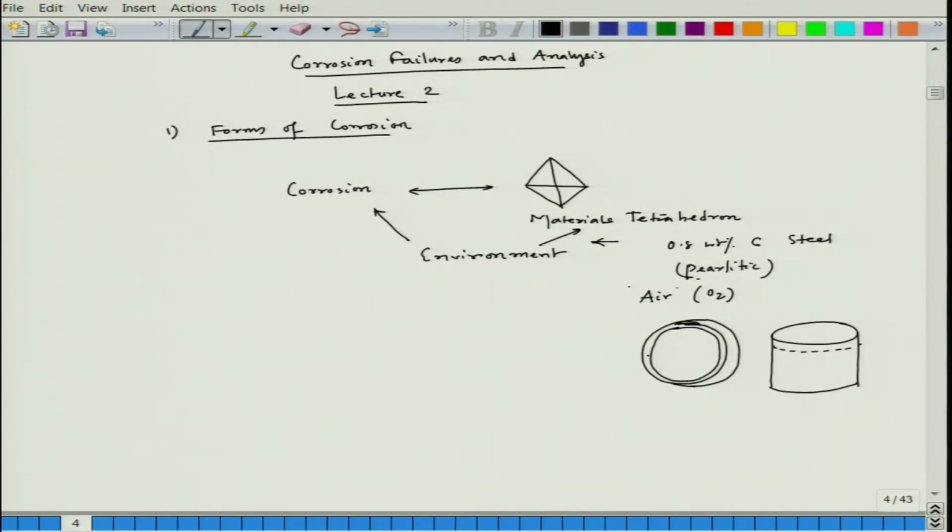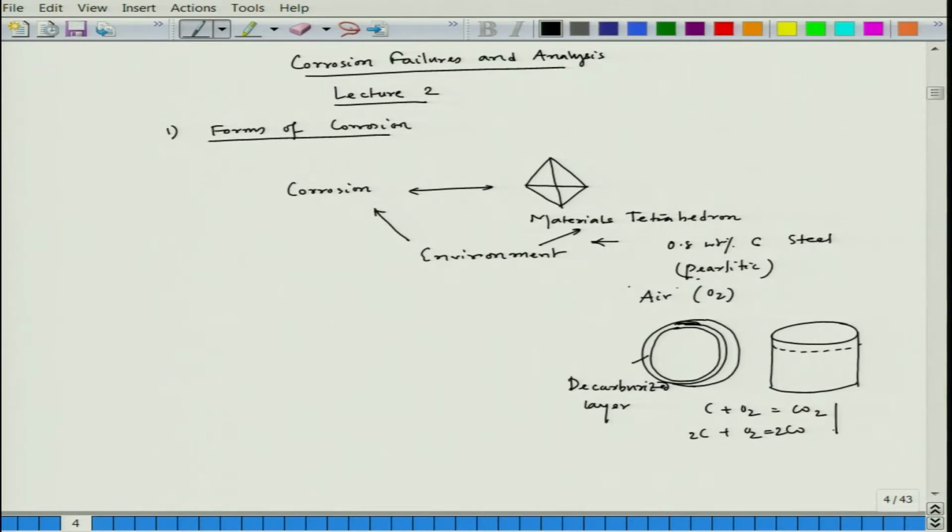That white layer is nothing but a decarburized layer. Why? Because the carbon reacts with oxygen and forms CO2 or CO. You can balance these.